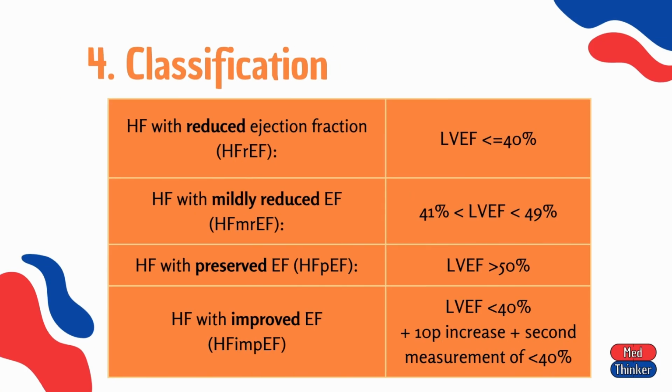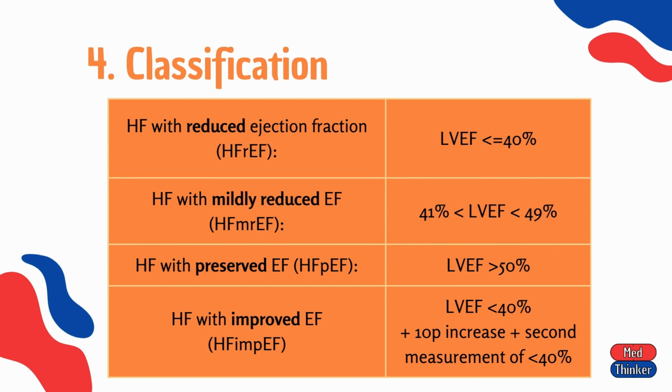There are a few ways to classify heart failure. However, I have chosen to include the two probably most important ones that you might need to know as a student. The first one is a classification of heart failure in relation to the ejection fraction of the left ventricle.